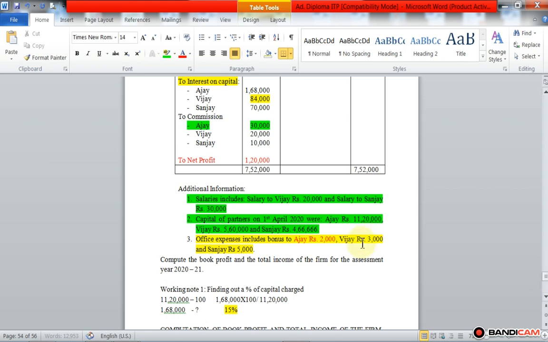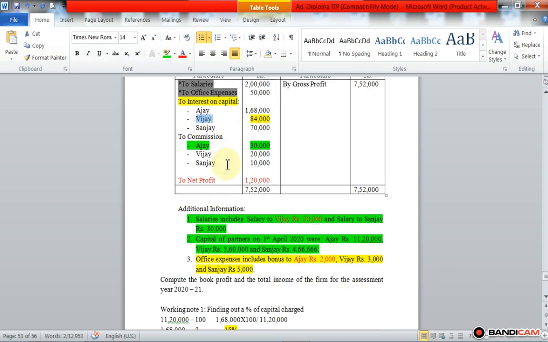Salary is given to Vijay, rupees 20,000, and commission paid to Vijay is rupees 20,000, and bonus is rupees 3,000. So 20 plus 20 plus 3 is equal to 43,000.